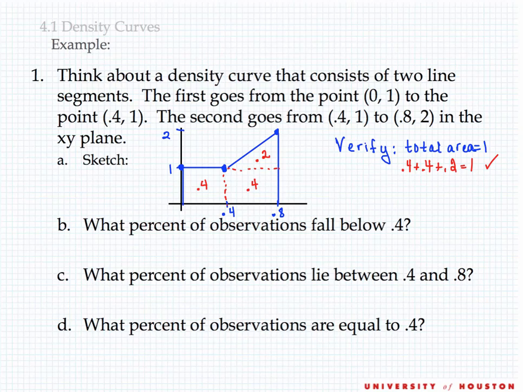So from this, we can find probabilities. If I want to know what percent of observations fall below 0.4, now this curve is not defined for below 0, so saying below 0.4 would be the same thing as saying it's between 0 and 0.4, or we can just say the probability that x is less than 0.4.